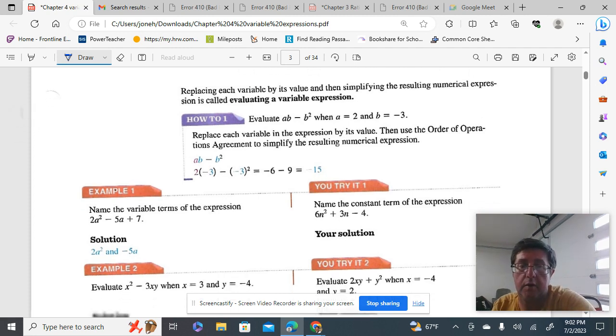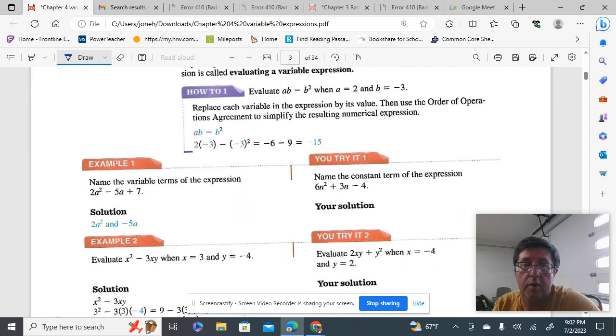Now that we're starting to get onto the work, hopefully this will key in, and everything that we've been discussing so far will work a little bit better for you. Okay, so the how-to, one: replace each variable in the expression by its value. And right up here it tells us what the values are. A is 2 and B is -3.